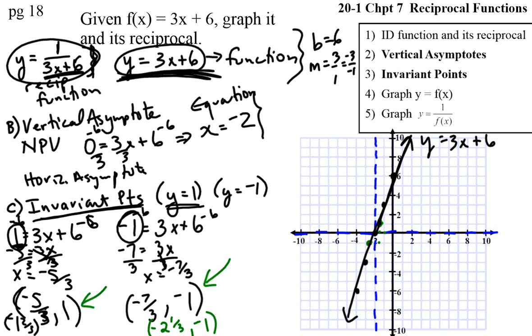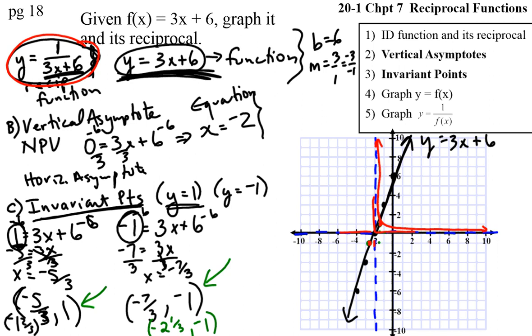And now if I want to graph the reciprocal, I don't want a whole bunch of points, but what I can do is use this information. To graph the reciprocal, I know that I have to pass through the 2 invariant points. I also know that I can't cross my asymptotes. So I'm going to go through my invariant points, and I'm going to get closer to the asymptotes the further I get from the origin, but I'll never truly contact them.